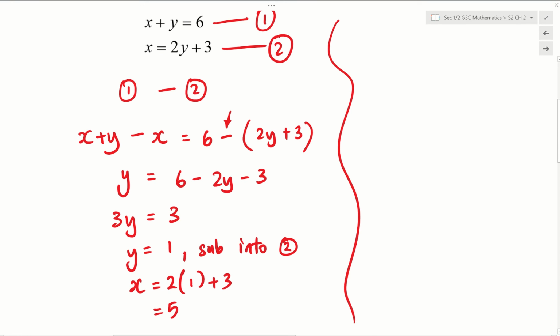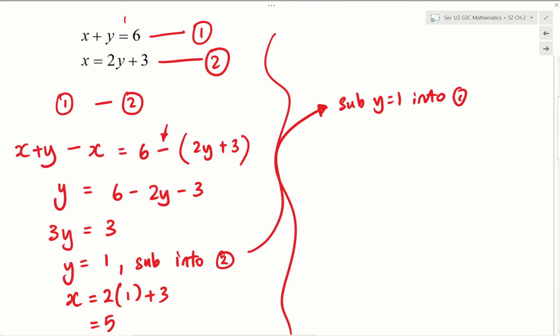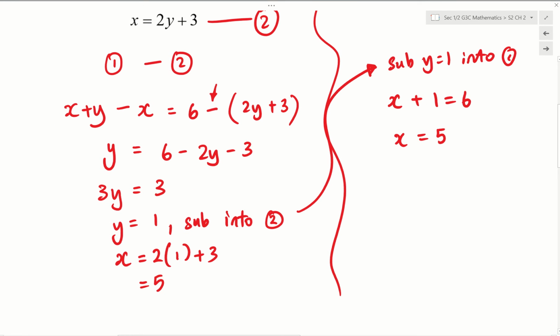Okay, so just a quick check. If you chose to substitute y equals 1 into equation number 1, what would have happened? We end up with x plus 1 equals 6, and x must be equal to 5. So you check. Both of them give you the same result for x with the same value of y.